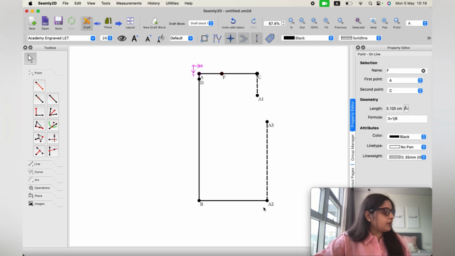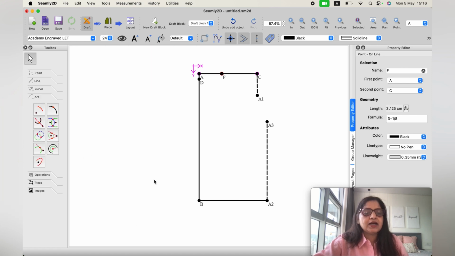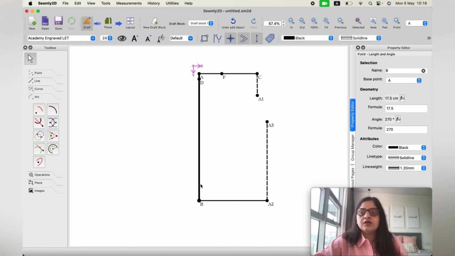Now the next one is B to G, which is my shoulder slope plus 1/8 of an inch. My shoulder slope is 17 inches plus 1/8 of an inch. So I need an arc here, because shoulder slope will always be measured from here.